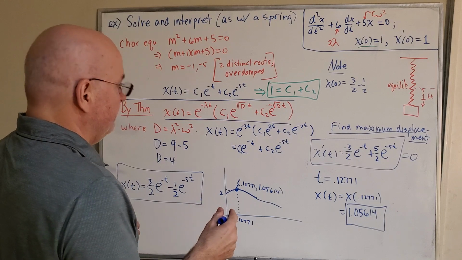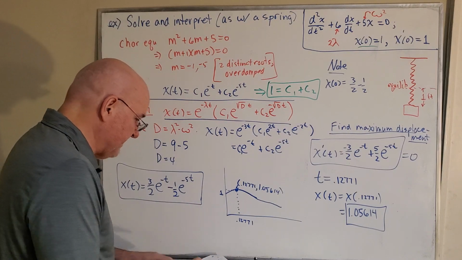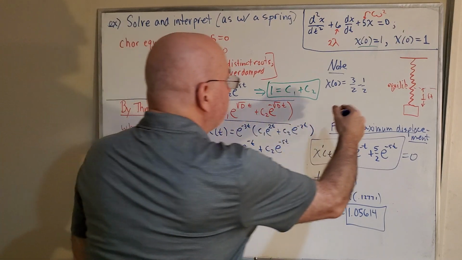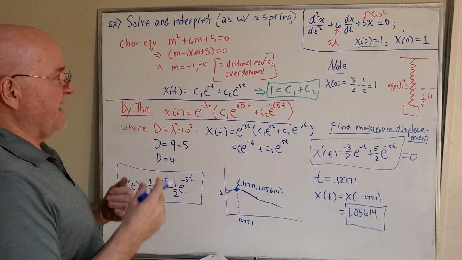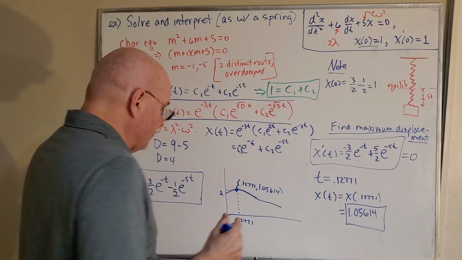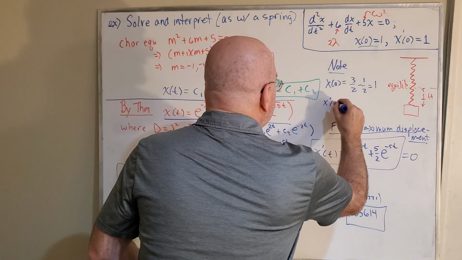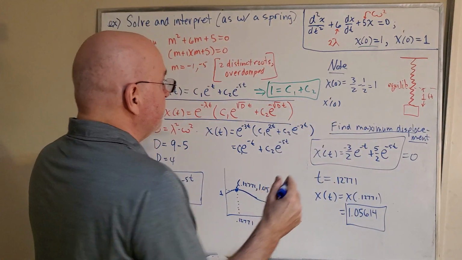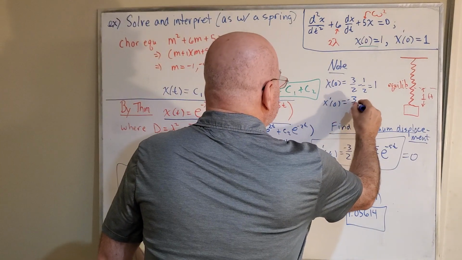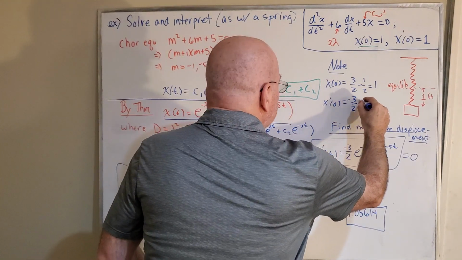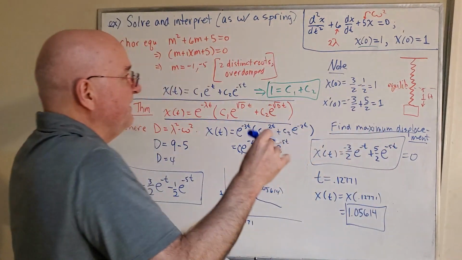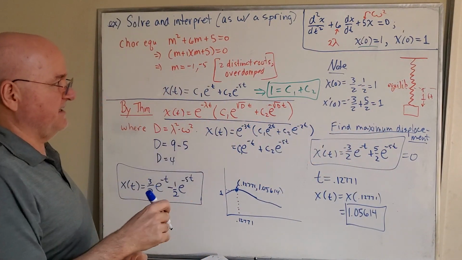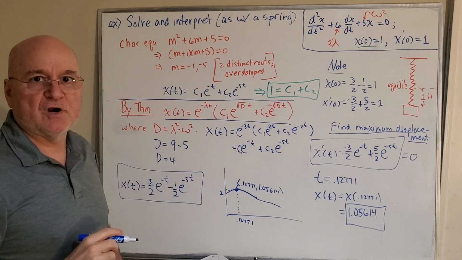That was the values of our c1 and c2. Add them up and you get 1. That was the initial position by adding up those constants. Also notice that x prime at time 0 is going to be negative 3 over 2 plus 5 over 2, which is also 1, which corresponds to the velocity. And we'll make more comments on that later.